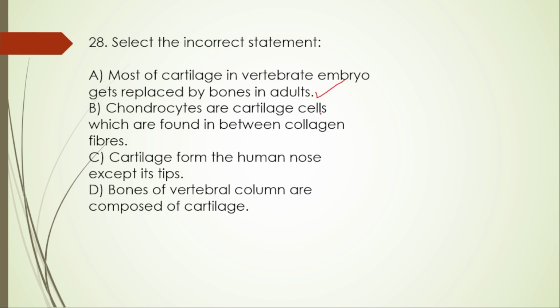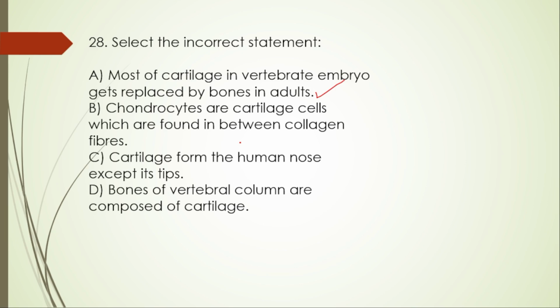Chondrocytes are cartilage cells which are found in between collagen fibers. This is a correct statement. They are the specialized cells found in cartilage. They reside in small spaces called lacunae within the extracellular matrix, which is rich in collagen and elastic fiber.